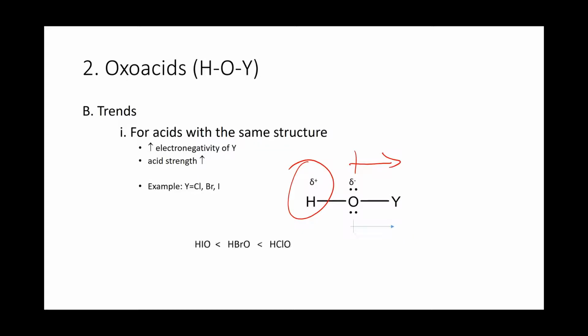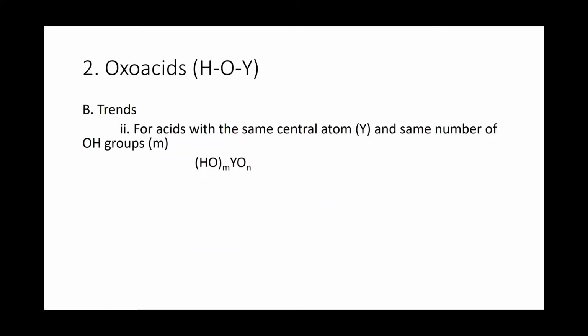When we compared iodine, bromine, and chlorine, as the electronegativity of that atom that is not oxygen or hydrogen goes up, you get a stronger and stronger acid. So the chlorine-containing one is stronger than the bromine or the iodine-containing one.